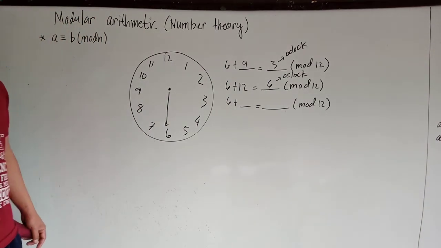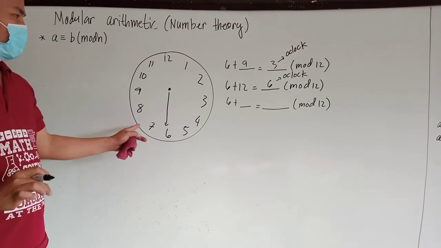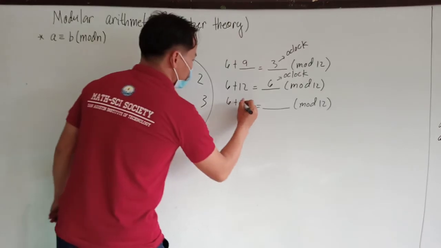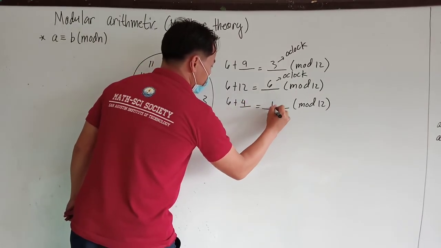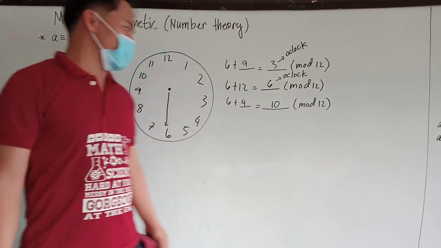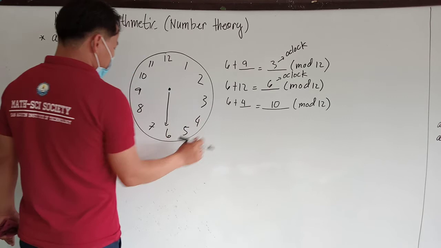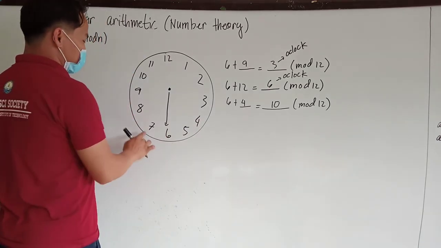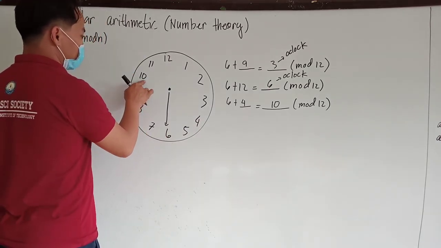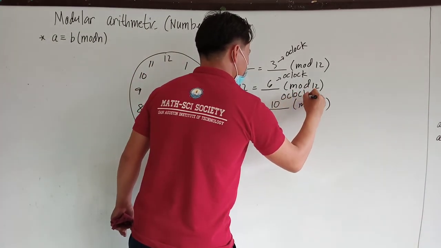Let me say 4 hours after 6 o'clock. So 6 plus 4, we can directly write that as 10, because 10 cannot be divided by 12, so the answer is 10. It means that 4 hours after 6 o'clock is 10 o'clock. So 1, 2, 3, 4. So the answer is 10 o'clock.